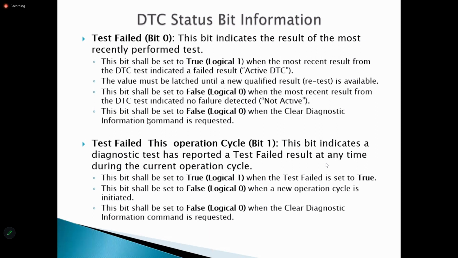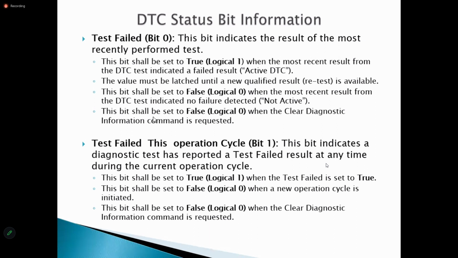Understood? And the second criterion to set it to false is that this bit shall be set to false when the clear diagnostic information command is requested. So there is the 14 service. If the client has requested the 14 service, then all the DTC related information will be reset and erased from the memory. So when the test is failed, this bit will be set to true. When the test is passed, this bit will be set to false.